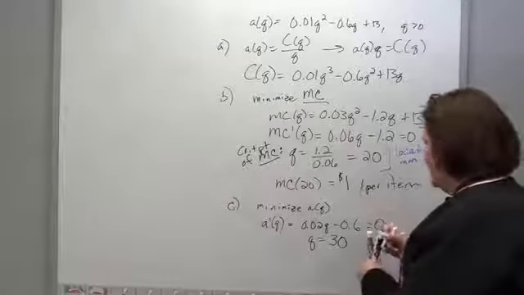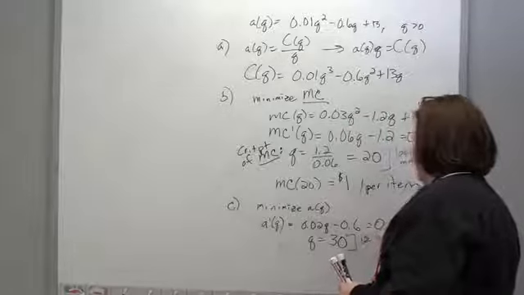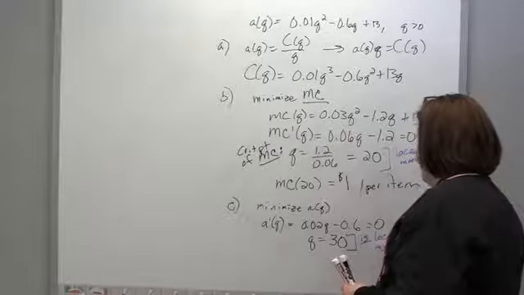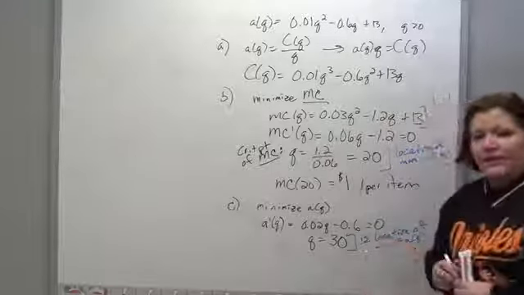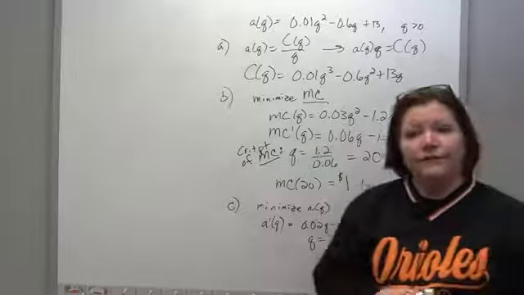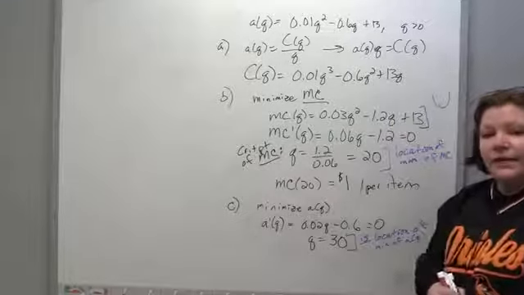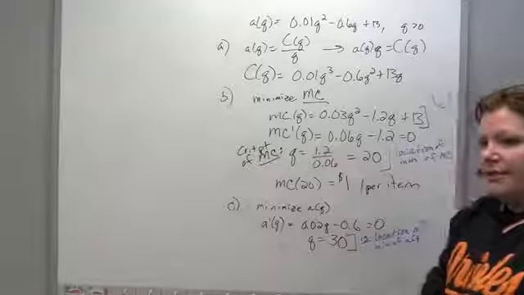So this is the location of the minimum of our average cost. So that is our production level, and that's the answer for the first part. Q equals 30: when we produce 30 items, average cost is a minimum.